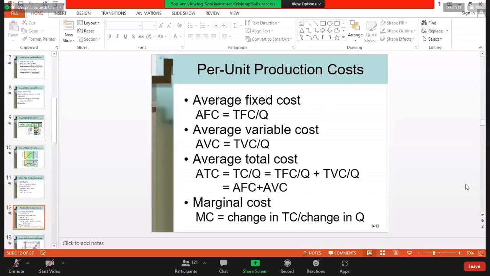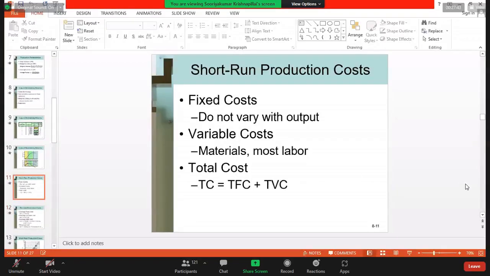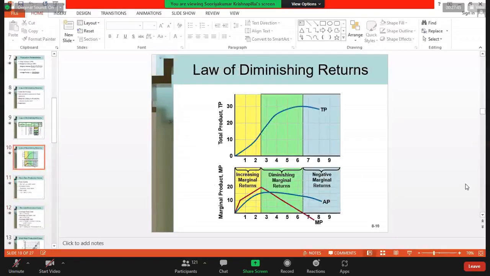Up to a certain point, the total production increases at an increasing rate. After a certain point, the total production increases at a decreasing rate, then reaches the maximum, then decreases. For the first few inputs, the total product increases at an increasing rate, so marginal product increases, since the slope of total production is the marginal product.